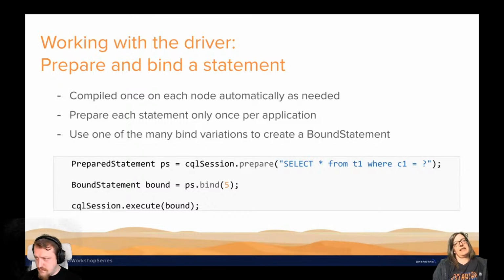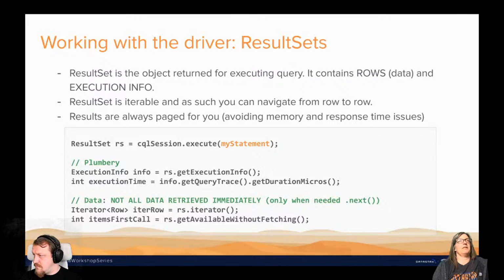And then the other thing that you probably want to know is how do we work with the results that we get, and what do we actually get from the driver? So what do we get from a query? What is returned is the result set object, right? And it contains rows, which is the records from the database, and also additional info that you might want to find out, like how long it takes to execute this query.